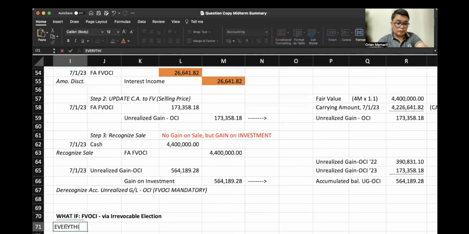Everything you're seeing above is the same, except for recognizing the sale in step 3.